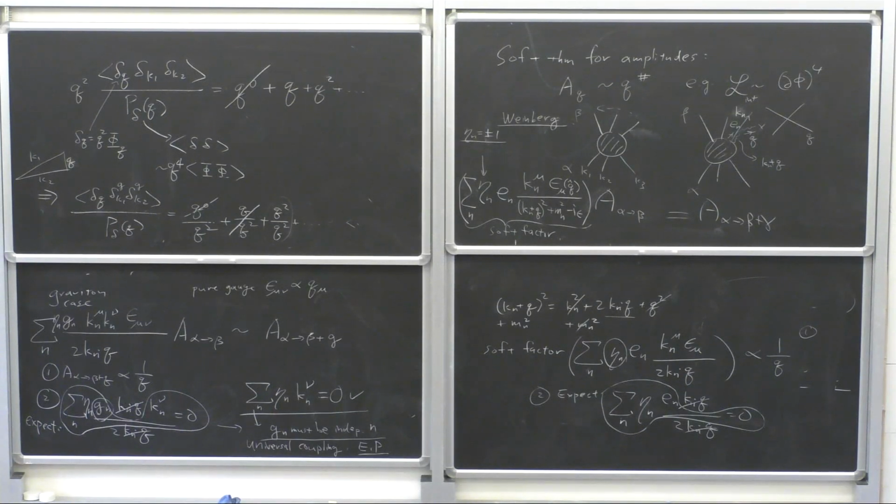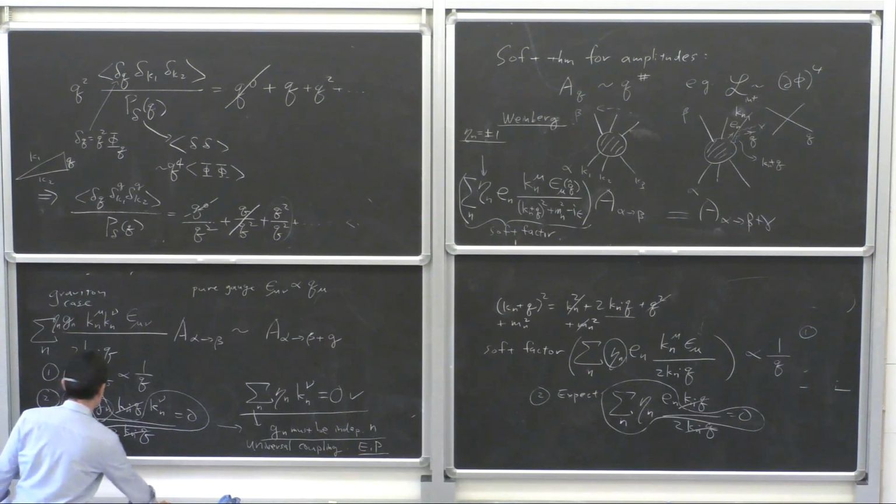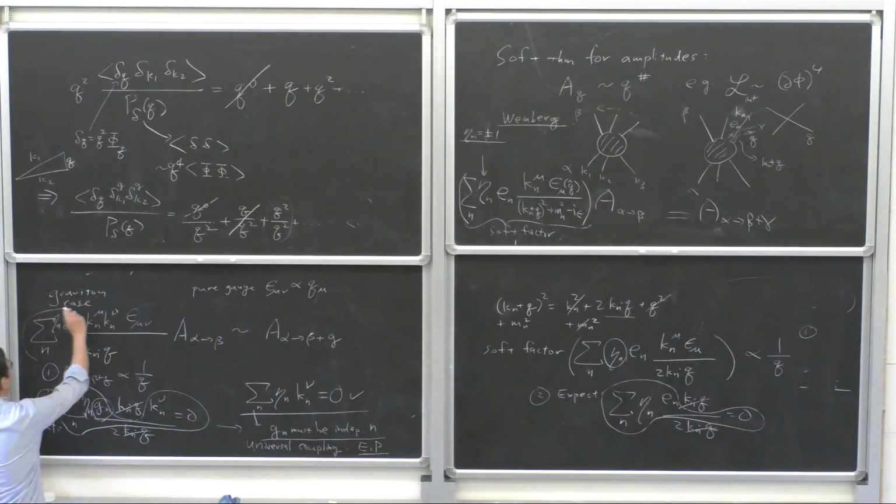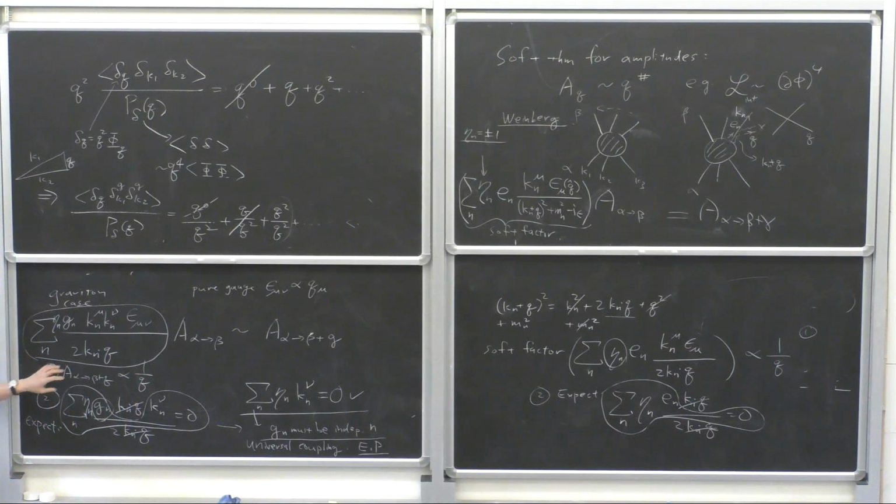Let me make one final comment about this, and then we'll talk about black holes, maybe the beginning of it, okay? Let's look at the soft vector, this soft vector. I want to draw your attention to the fact that this diverges like 1 over q.